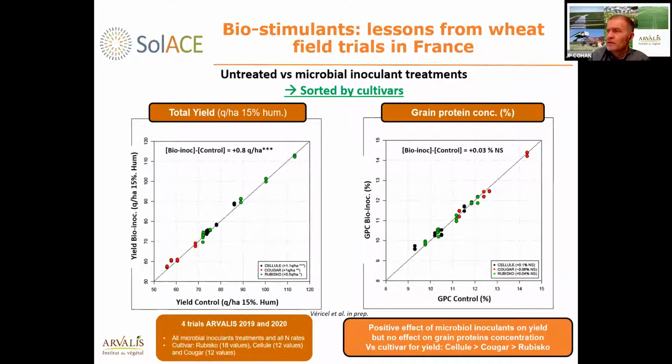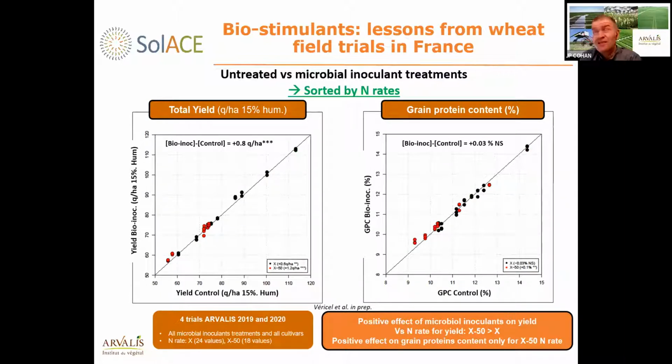Second type of result: it's exactly the same result, the same number, but this time the results are sorted by N rate. The black points are for the optimum N rate, and the red points are for the under-fertilized rate.